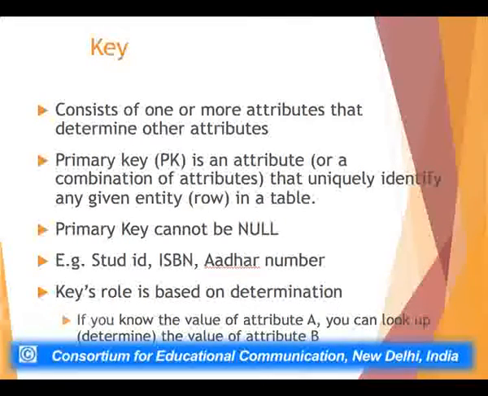For example, student ID, ISBN number or Aadhaar number, all of these are attributes which will help in identifying the records in a table uniquely. It is very important to identify the records uniquely because no two records in a table can be same.